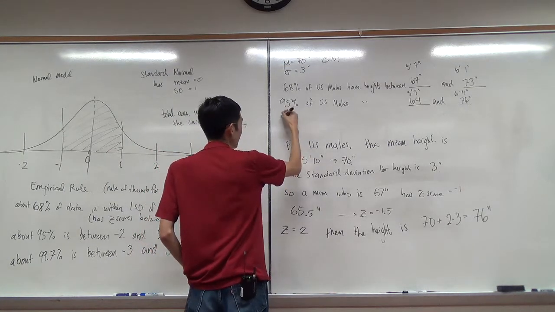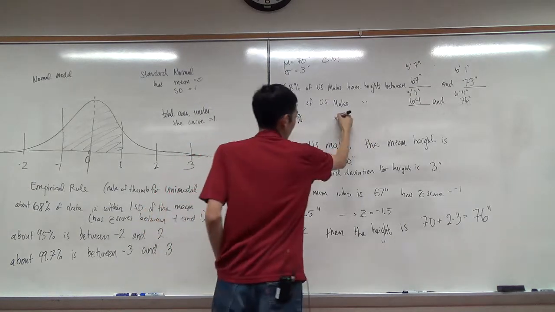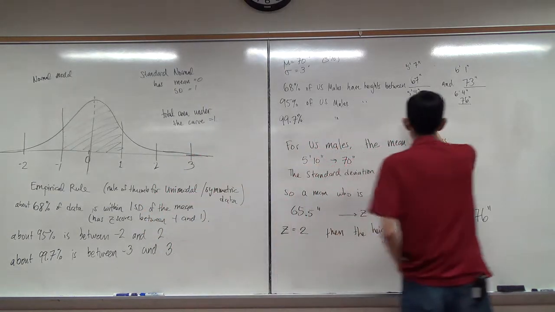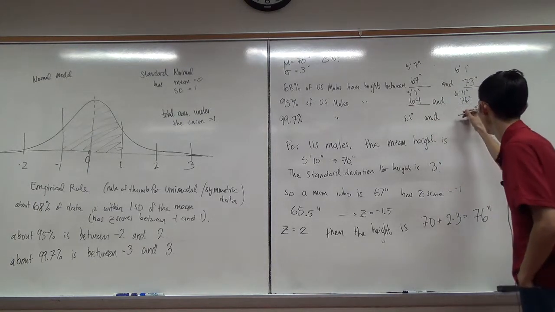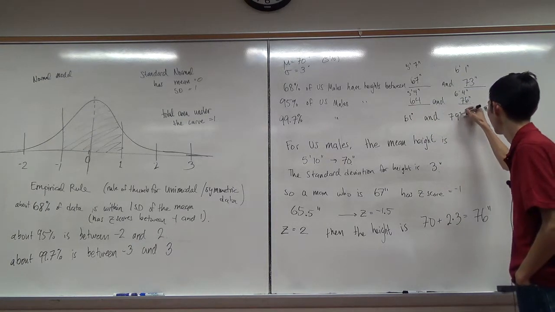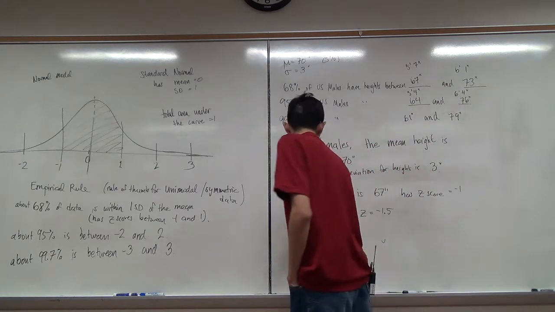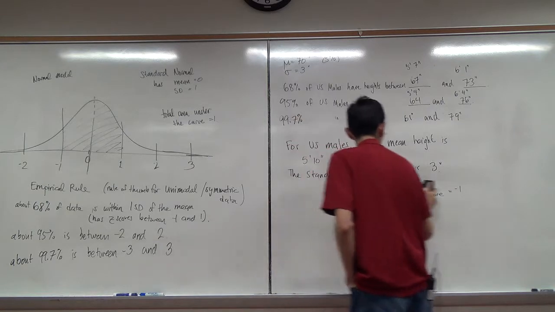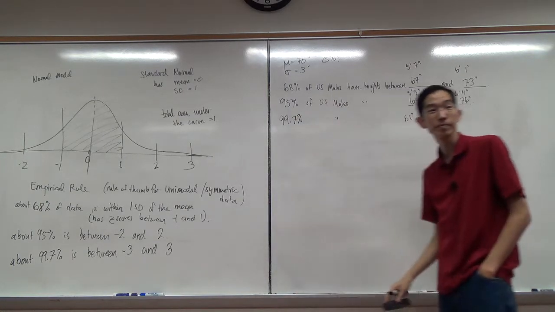And 99.7%, the vast majority, would be between 61, or 5'1", and 79, or 6'7". Sure, are there men who are outside that range? Yes, but are they common? Not really.